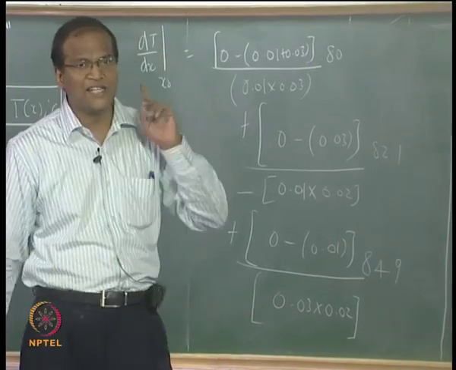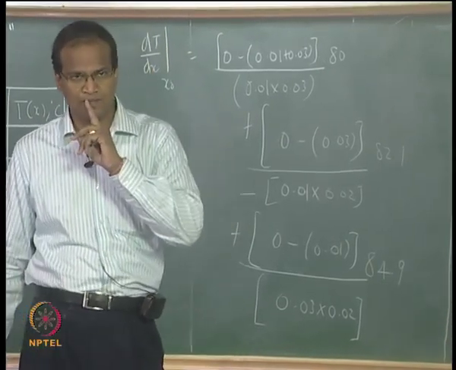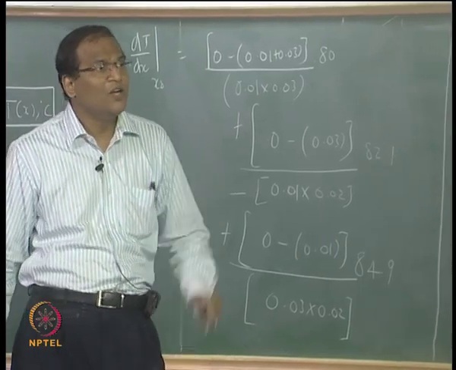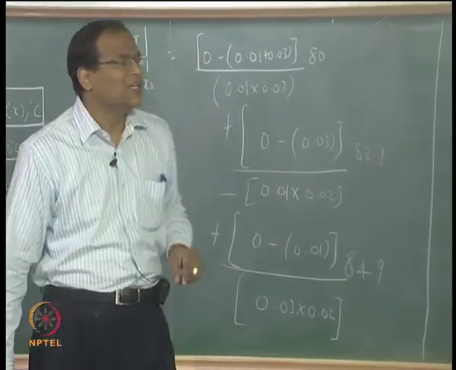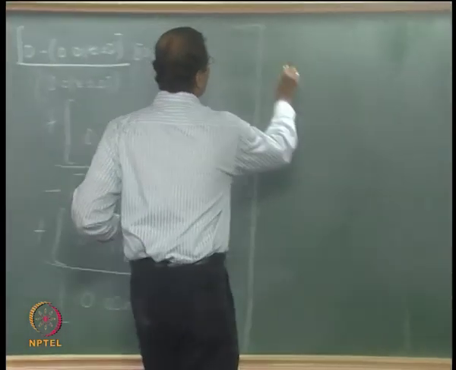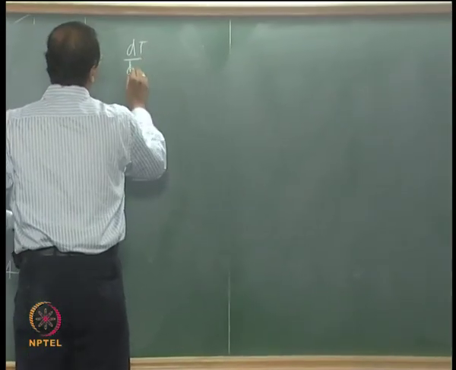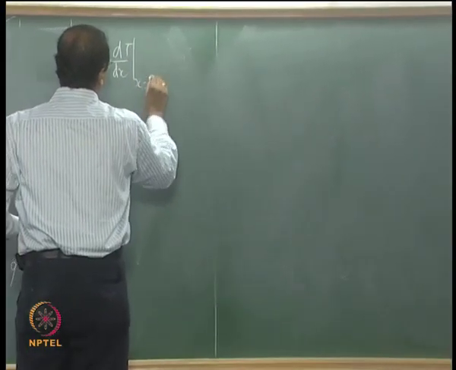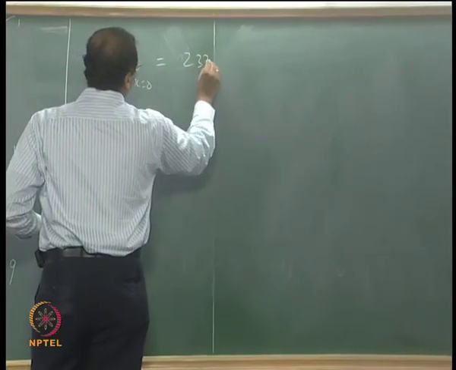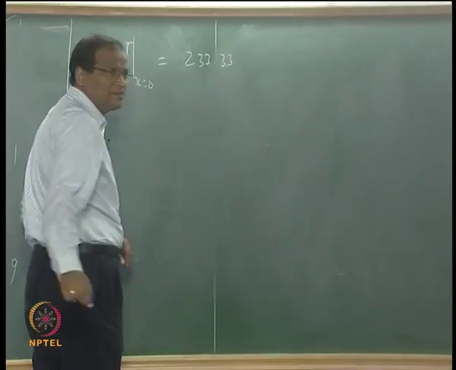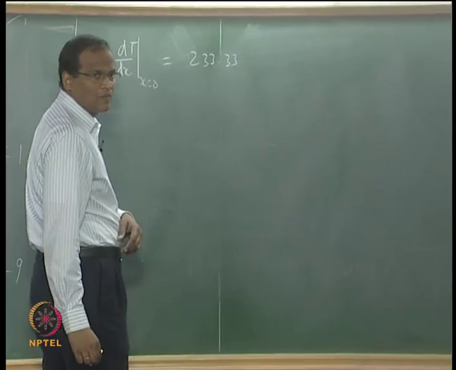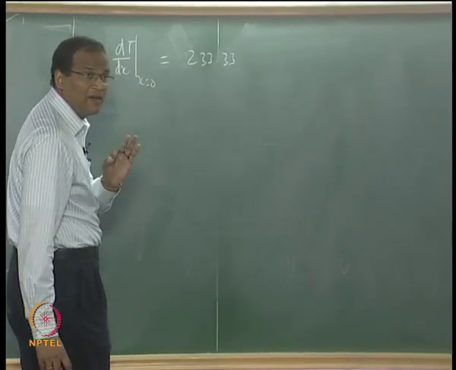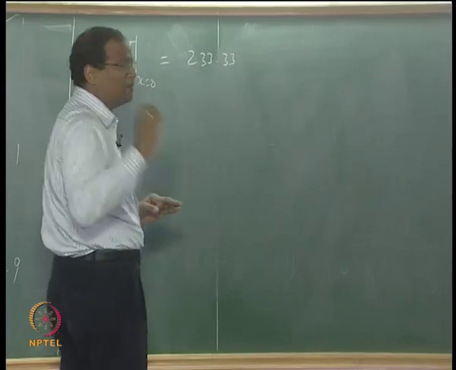The first is minus, the second is plus, the third is minus. 233.33, yes. What are the units? Kelvin per meter, correct?